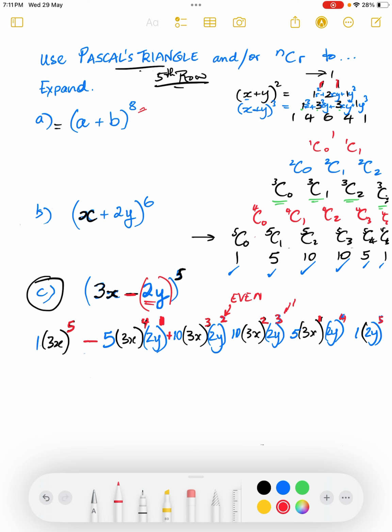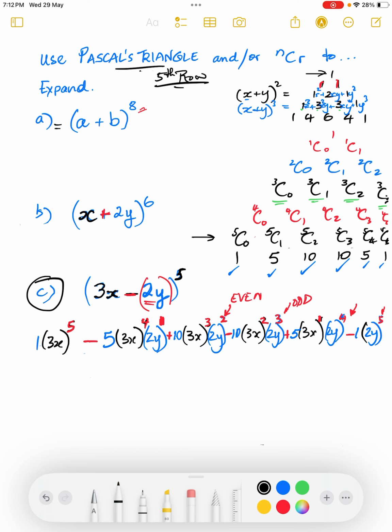An odd power on our 2y, we would have a minus. That's different than if it was a plus, like up above, where we always use all pluses. But if it's a minus, it goes minus, plus, minus, plus, minus.